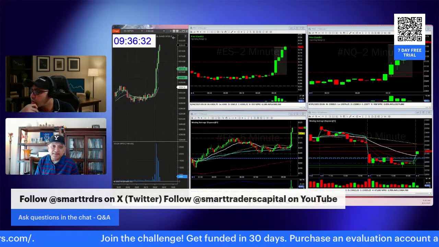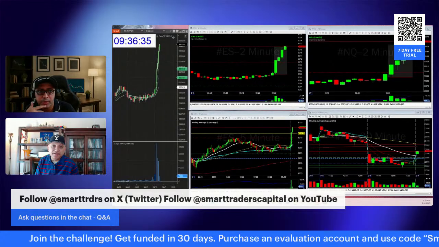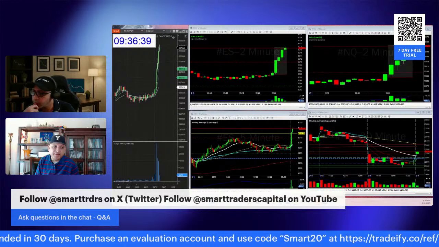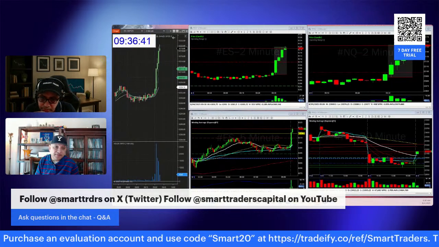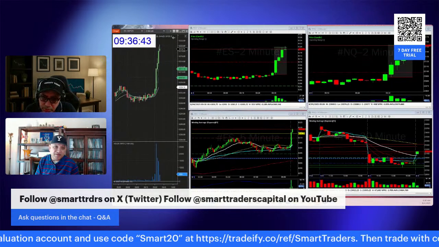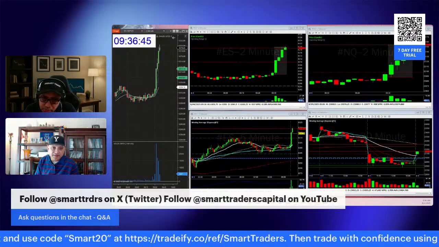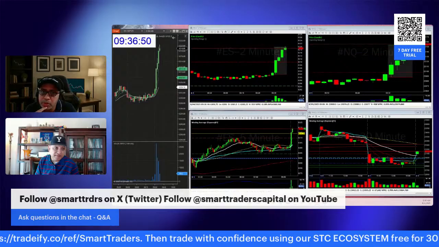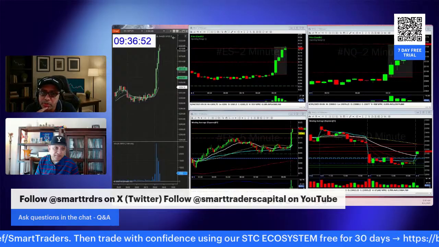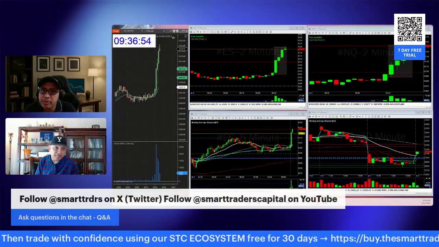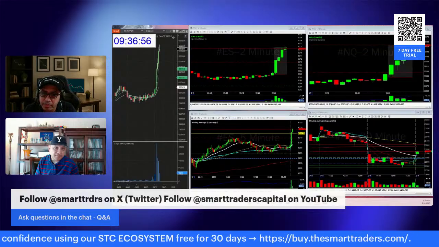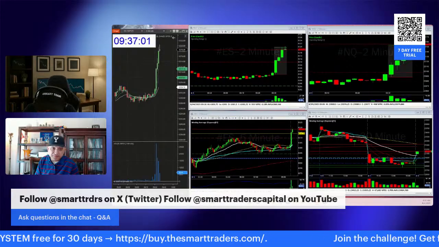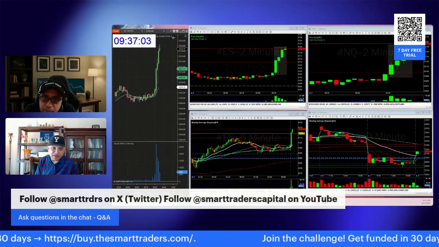It's a beautiful move up without any pullback here. At least the 5 minute range is set now. And it is at R6 also, so we can expect some pullback here, hopefully.